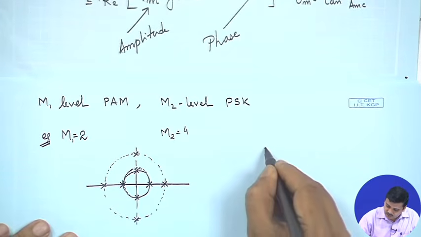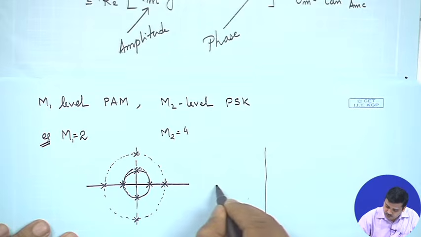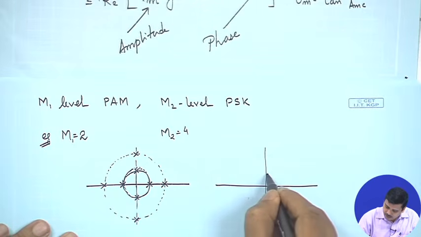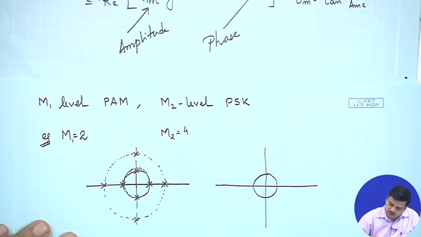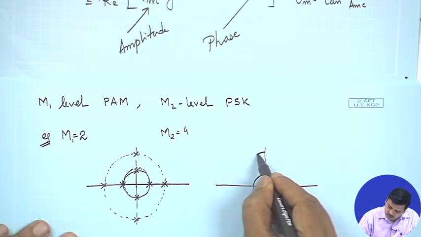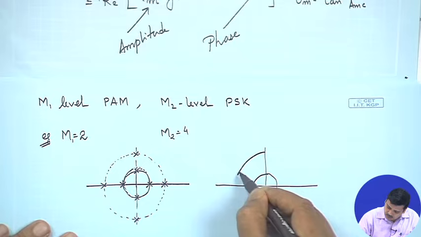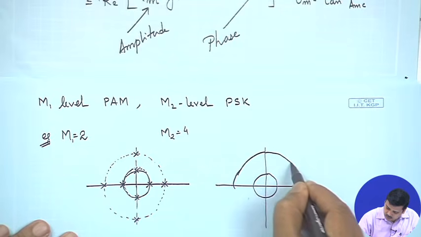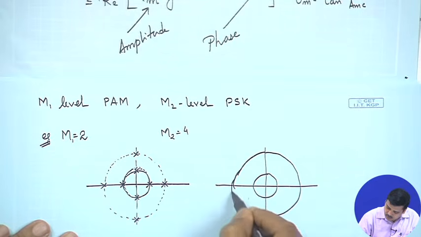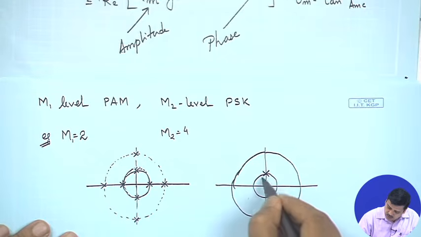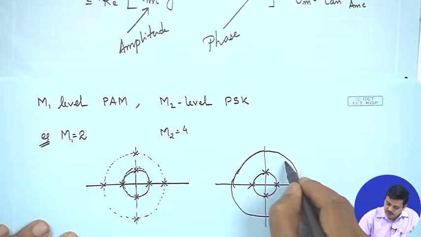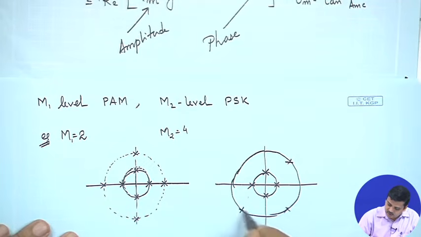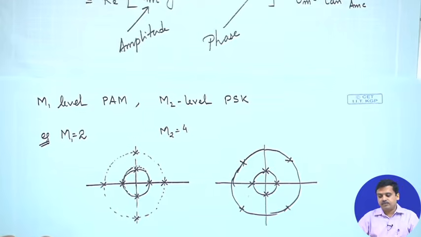Another alternative, rather different option could be that you have this as one amplitude, this is another amplitude, these are the 4 different phases of the first amplitude, and these are 4 different phases of the second amplitude, right.